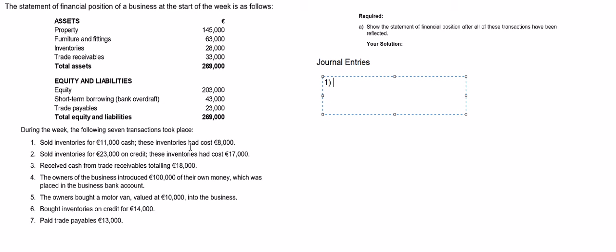This inventory has a cost of 8,000 euros. So we know that after we sold the inventory, we got cash, and the cost of this inventory is about 8,000. So we will have cash in here.